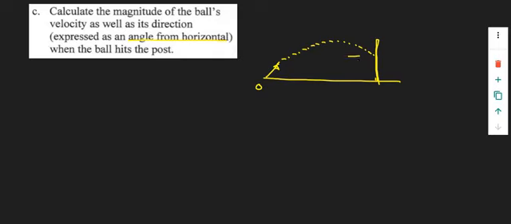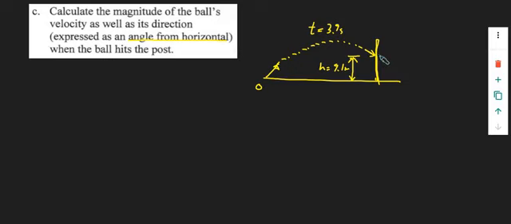So this height, as we calculated in part B, is h equals 9.1 meters, and the time it takes is 3.9 seconds. So at this point, the velocity vector is pointing in this direction.